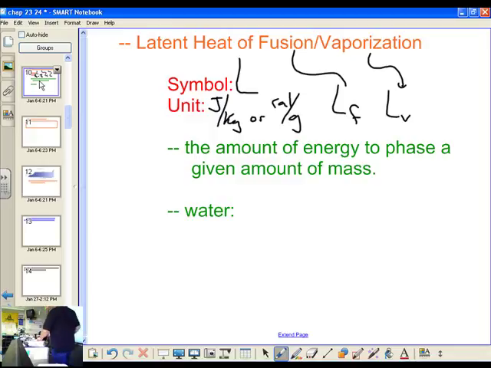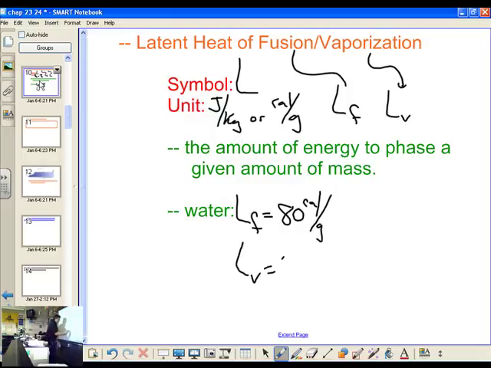Now for water, latent heat of fusion is 80 calories per gram. Latent heat of vaporization is 540 calories per gram. Notice we've seen these numbers before, haven't we? They're on that diagram. Remember, this diagram is 1 gram.